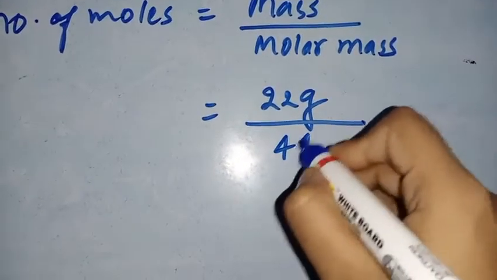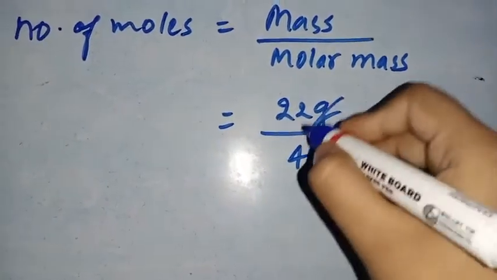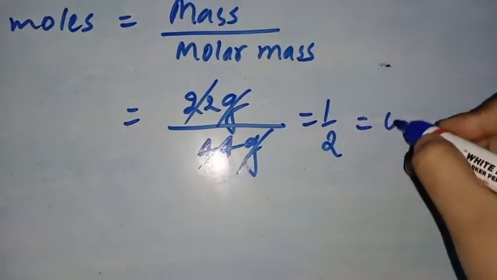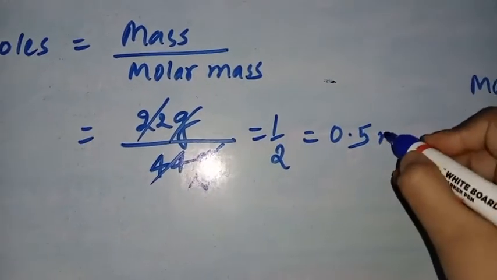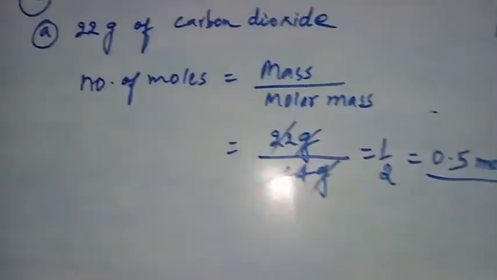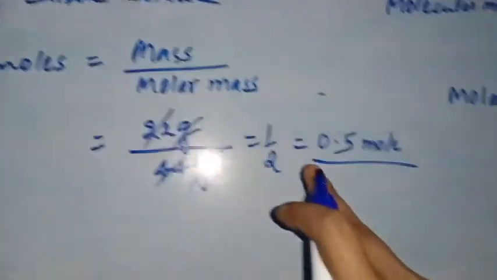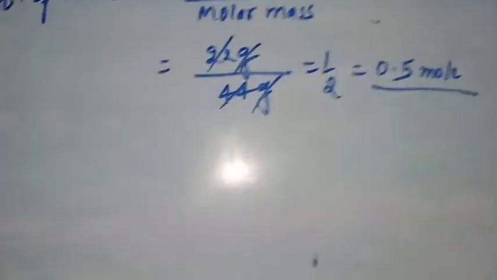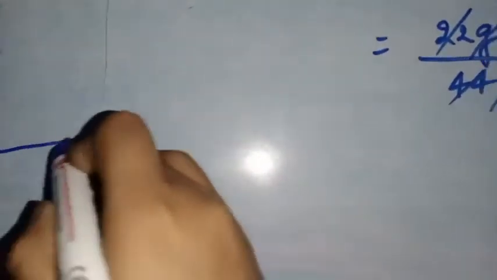We put this value here, 44 gram, and when we simplify this, we get 1 by 2, which is equal to 0.5. That is 0.5 mole we got. So 22 gram of carbon dioxide means it is 0.5 mole. I told you we can use one more method.